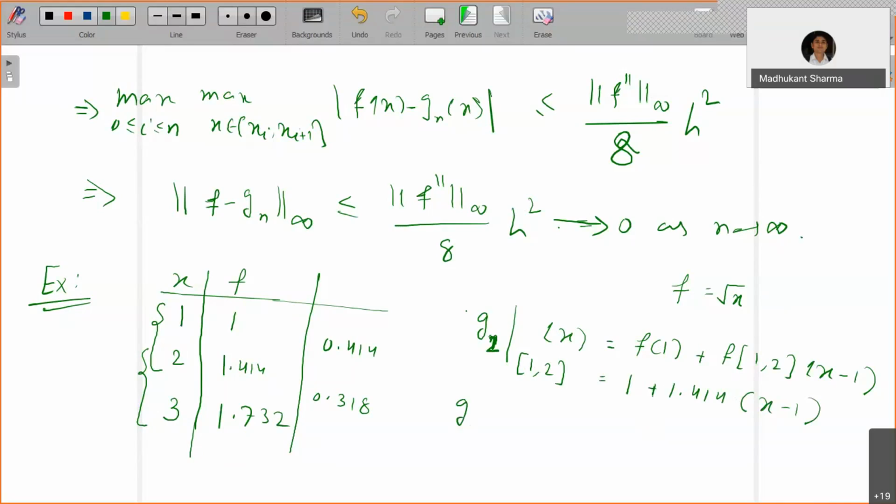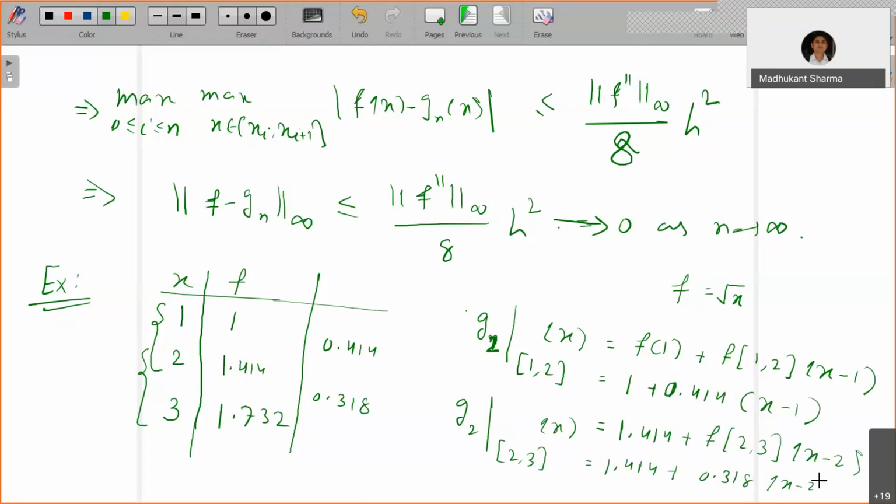Now similarly G2 restricted to [2, 3] is going to be f at 2, that is 1.414, plus f[2, 3] times x minus 2. So that is equal to 1.414 plus f[2, 3], which is 0.318, times x minus 2.